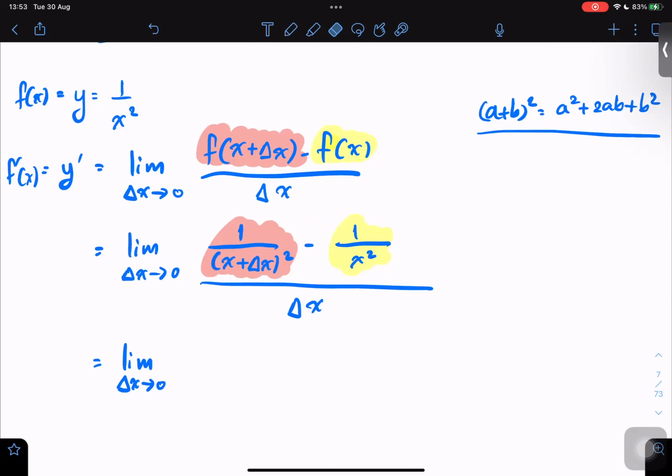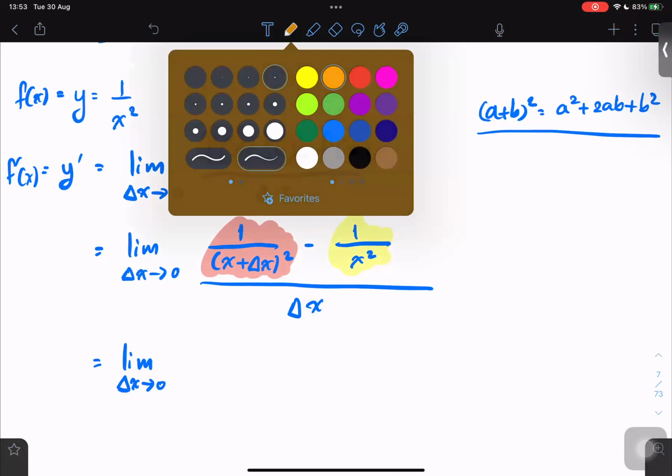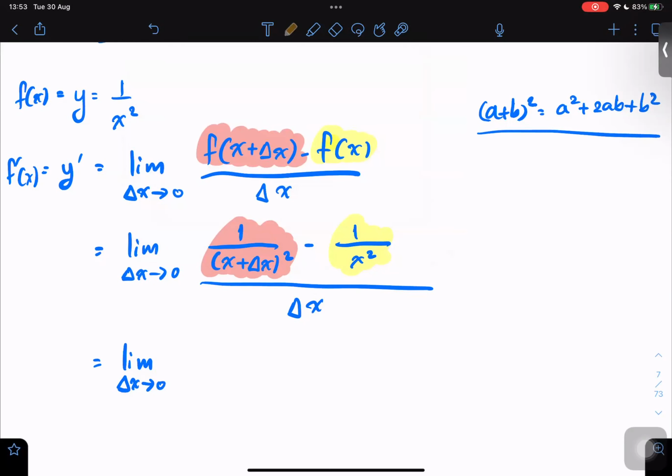I will multiply x squared to the numerator and denominator for the red part, and maybe I'll just change color. x squared multiplied by x squared, and this one I will multiply by x plus delta x squared.